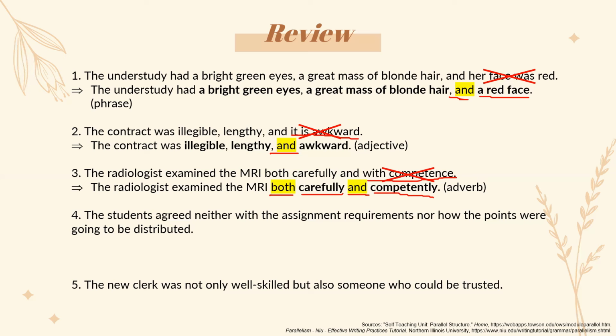And the fourth one: the students agreed neither with the assignment requirement nor how the points were going to be distributed. So the error here is in the clause "how the points were going to be distributed". This is not parallel because it's different from the first structure, that is, "with the assignment requirement".